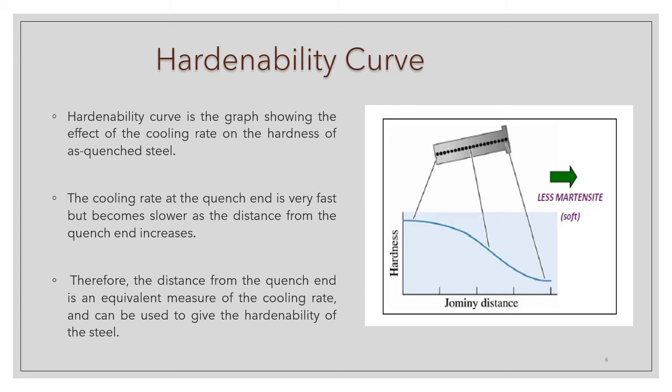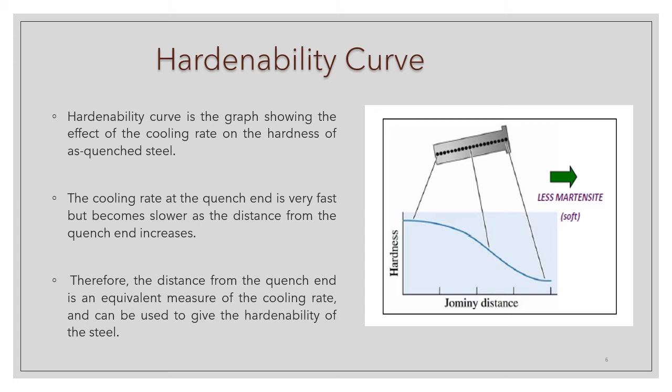This part where the hardness is the highest is where the distance between the water jet and the end of the sample is very near. This is the part that first hit the water, so the hardness is the highest amongst all, and it will slowly decrease as the Jominy distance increases.